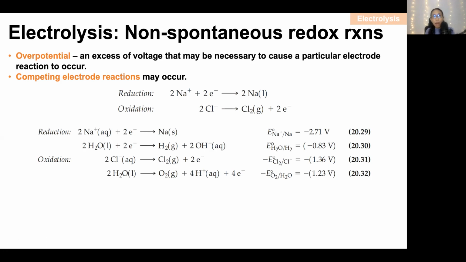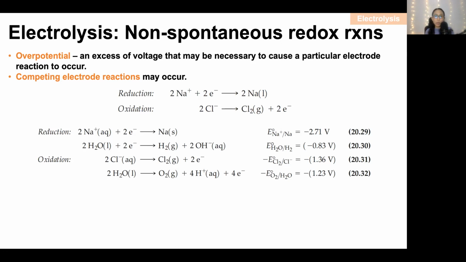So if you have molten sodium chloride, so it's just solid sodium chloride melted, pure sodium chloride melted, then you won't have any competing reactions. Your sodium ions will simply be reduced to liquid sodium and your chloride ions will simply be oxidized to chlorine gas.